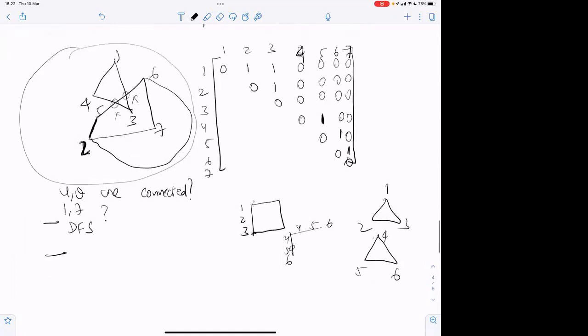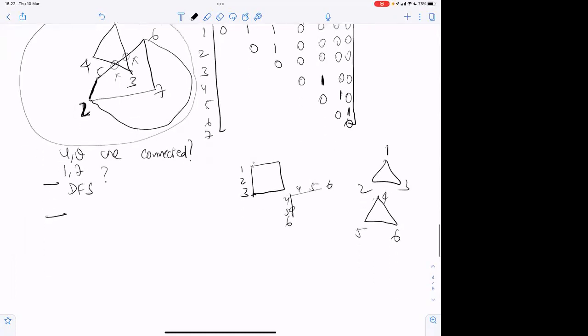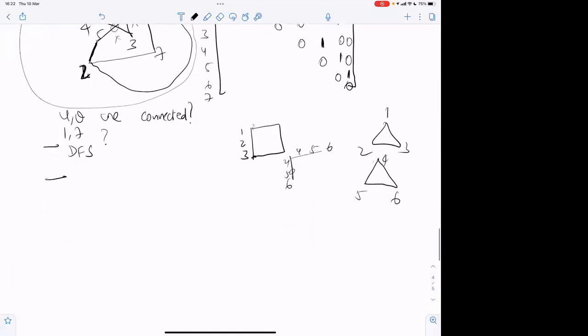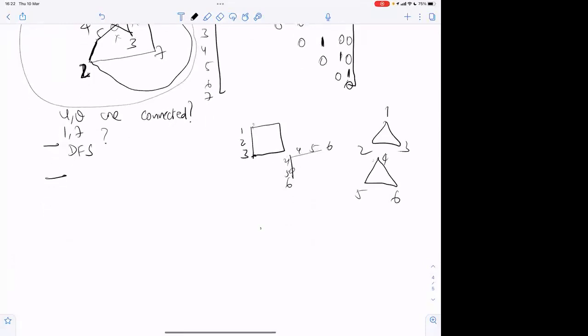So do you have self loops? If not, then take this graph, a path 1, 2, 3, 4, 5. What is the matrix? It will be a super diagonal matrix.